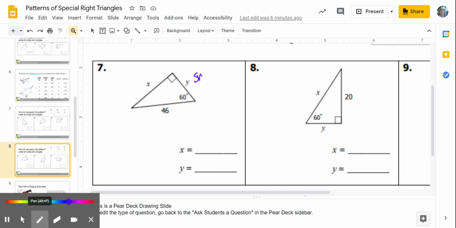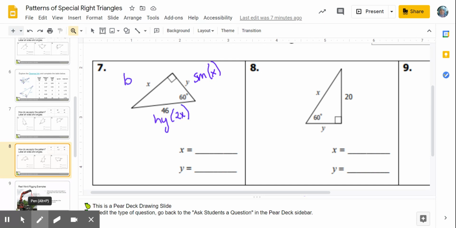I've got my small side, that's going to be x. I've got my hypotenuse, that's going to be 2x. And I've got my big side, that's going to be x on the square root of 3. So if you're still a little bit confused, once you do that, you can set the two things equal.